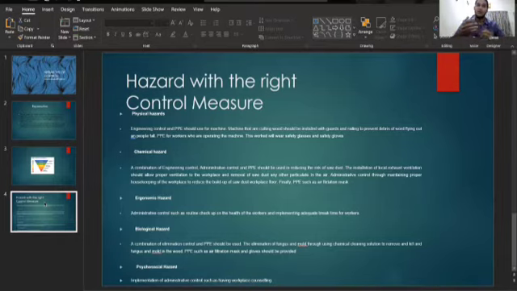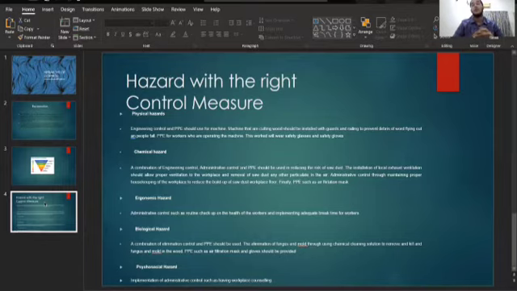For physical, I myself have chosen engineering control as well as PPE, because when we are using a machine, we need to install guards and railings to prevent debris, which will not affect our health. And for PPE, workers who are operating the machine need safety glasses and safety gloves. That's the most important thing for a machine so that they cannot get cut.